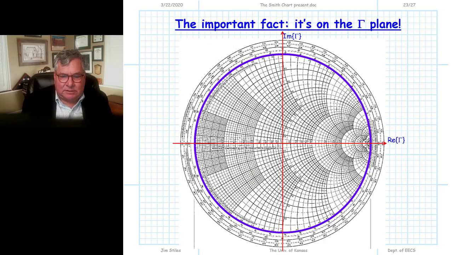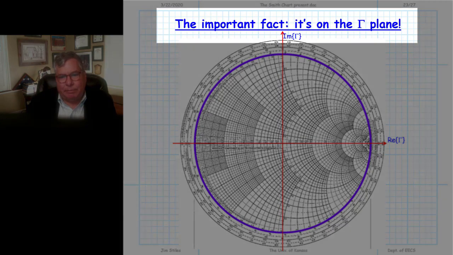All right, so here is an image of a Smith chart, and the most important fact about the Smith chart, one that again is not appreciated by a significant amount of electrical engineers, is the fact that the Smith chart is printed on the complex gamma plane.